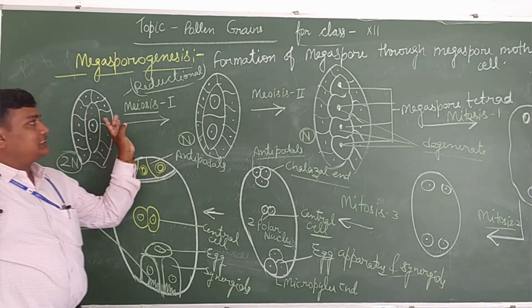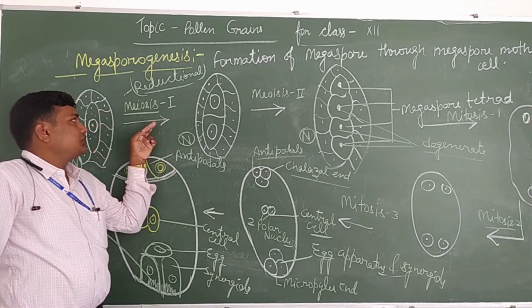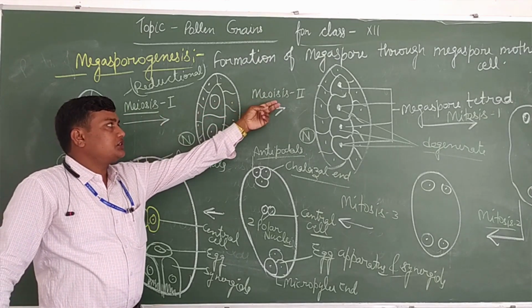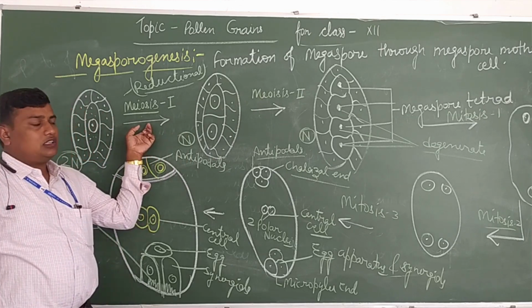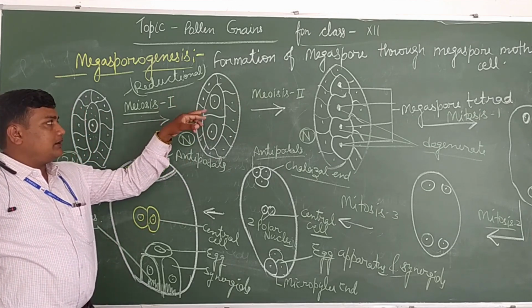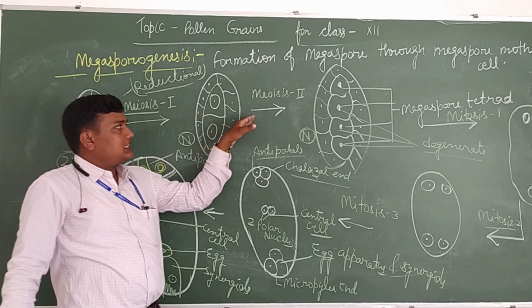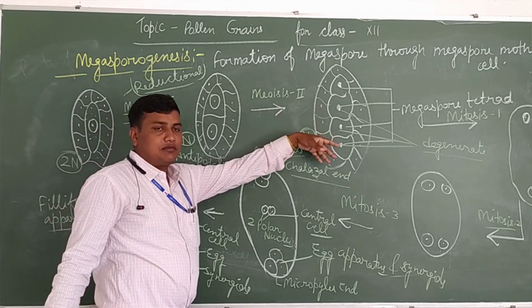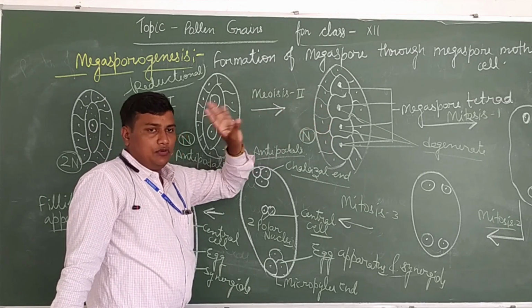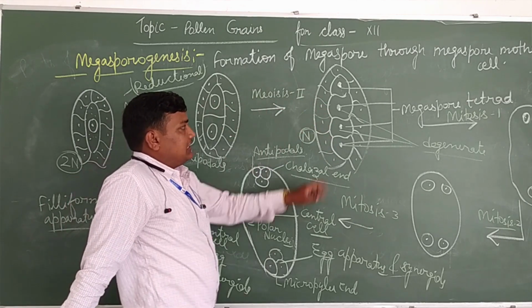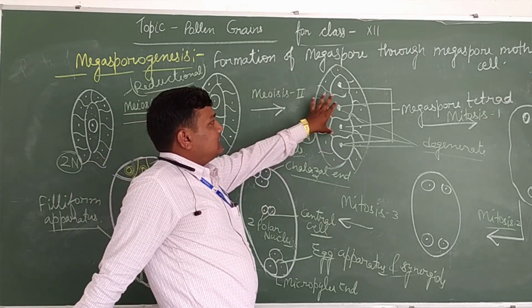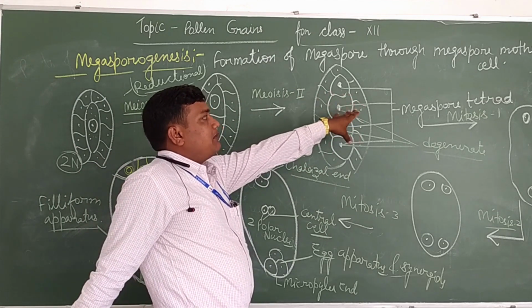Meiosis is completed in 2 phases, meiosis 1 and meiosis 2. After meiosis 1, a 2-cell structure forms. After meiosis 2, it develops into the 4-cell stage, known as the tetrad of megaspores.